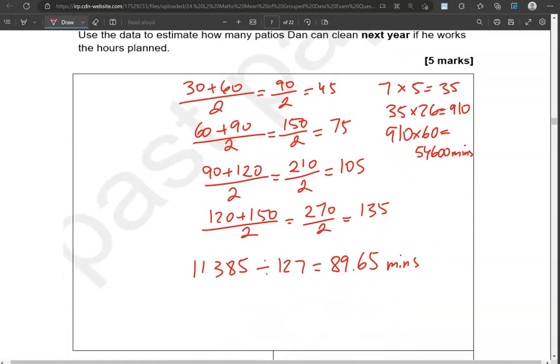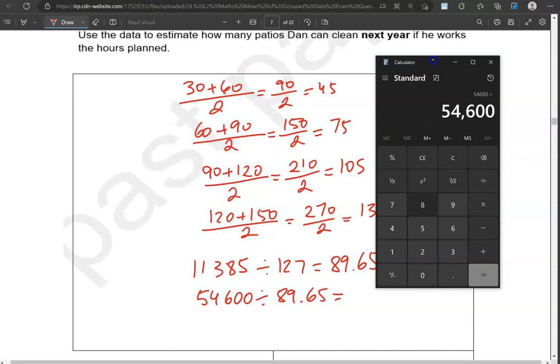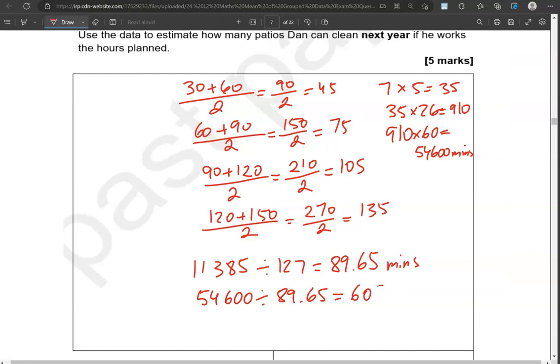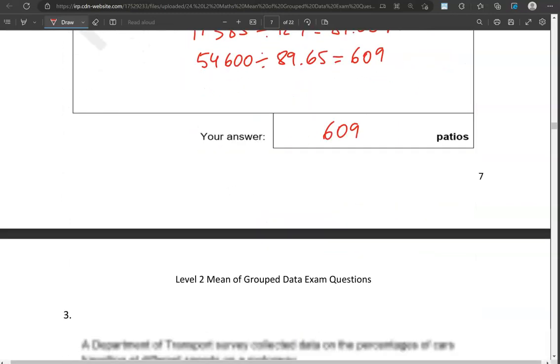So now I can divide 54,600 by 89.65 minutes, which is 609 jobs. So he should be able to clean 609 patios.